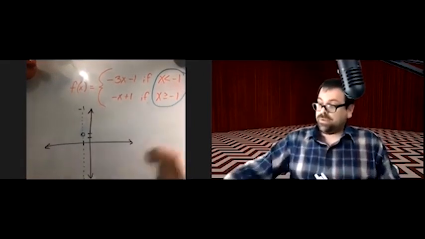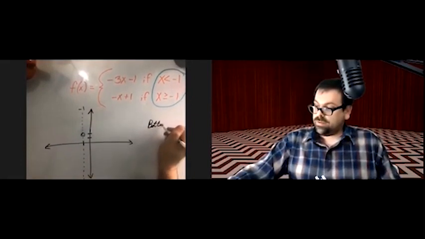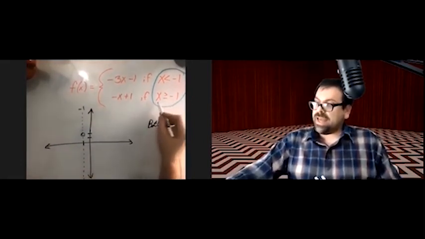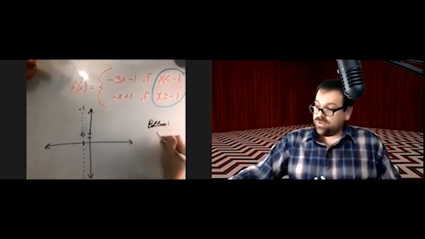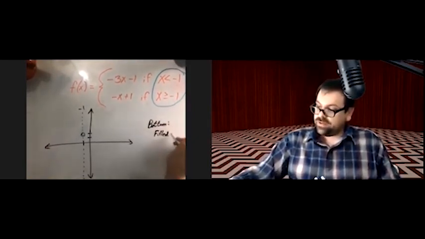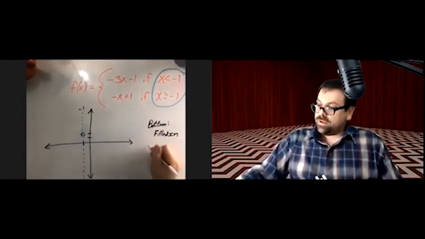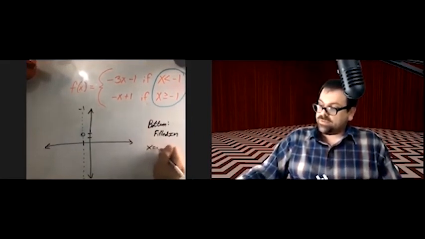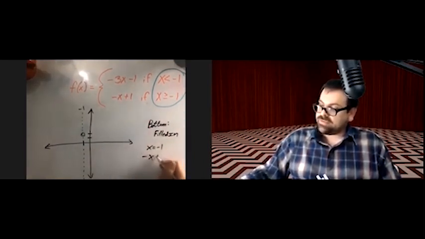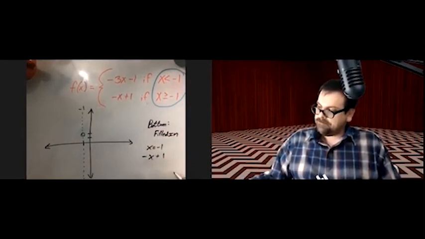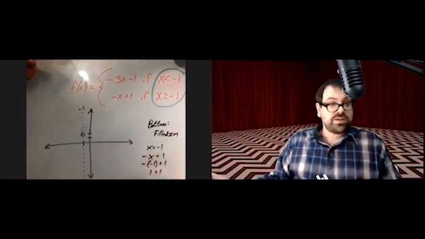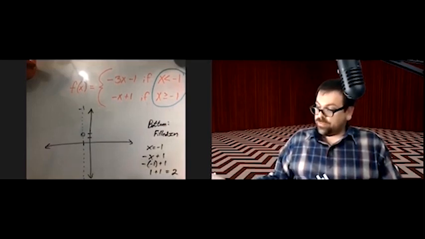Now for the bottom. Since it's x greater than or equal to, this one is filled in. And I'm going to test x equals -1 in -x plus 1. That's the opposite of -1, plus 1, which is 1 plus 1, which is 2.